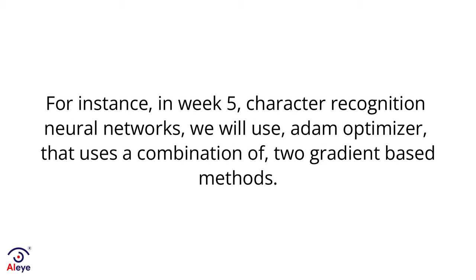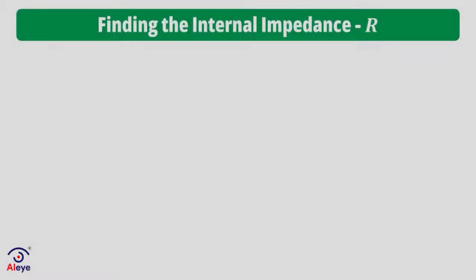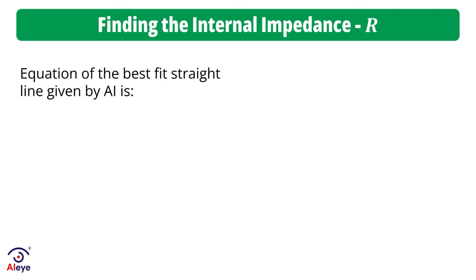Let's get back to the practical problem we are trying to solve. That is, finding the internal impedance of the battery using the experimental data. We got the assistance of AI to find the best fit straight line for the data as Vt equals to negative 0.194 IC plus 8.879.